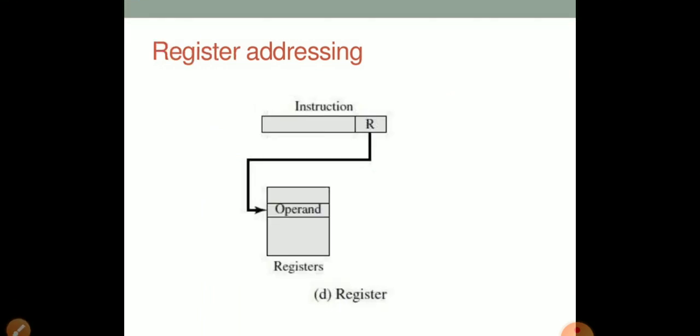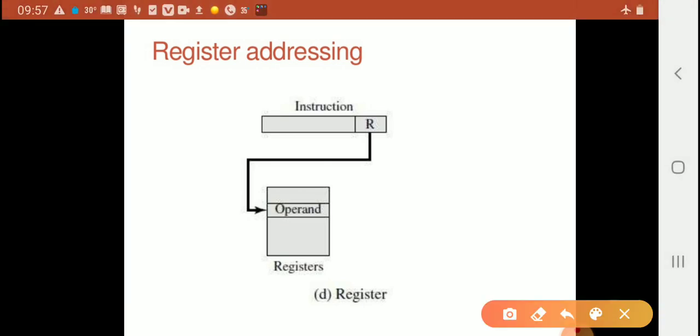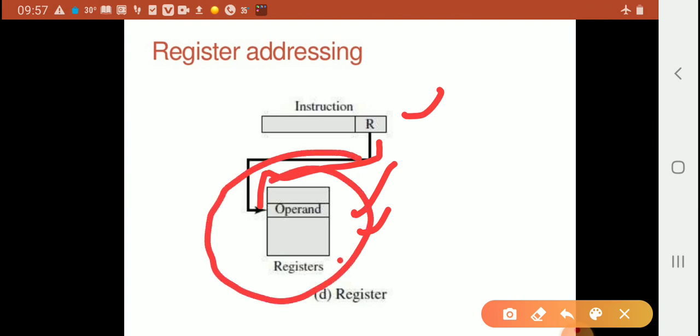Register addressing mode. The register addressing mode specifies the source operand, the destination operand, or both, in the content of the register pair.